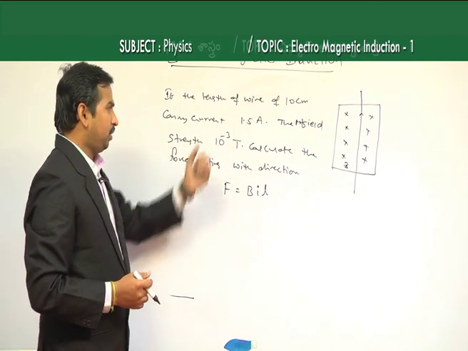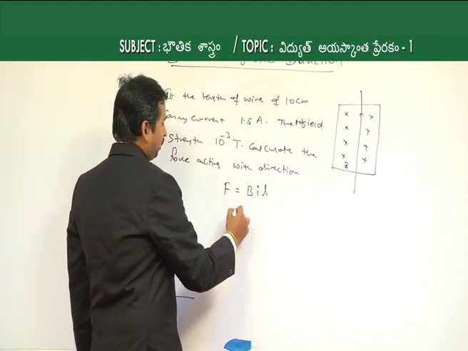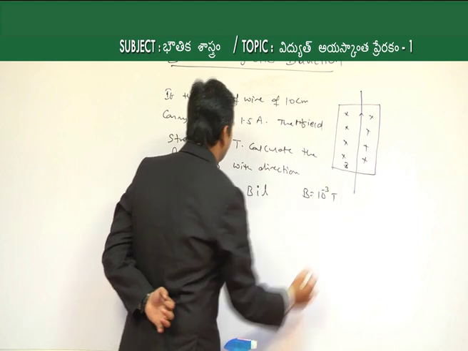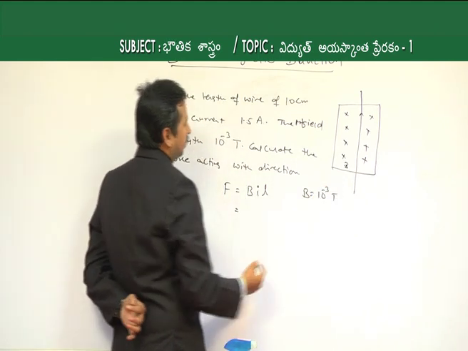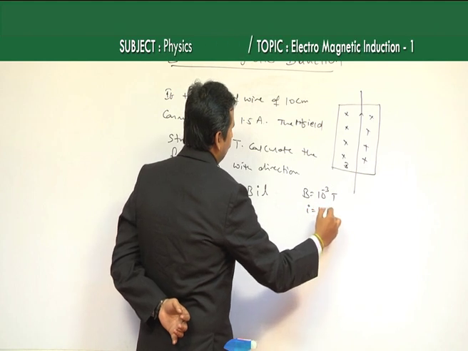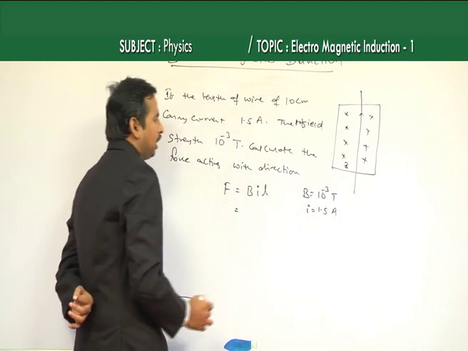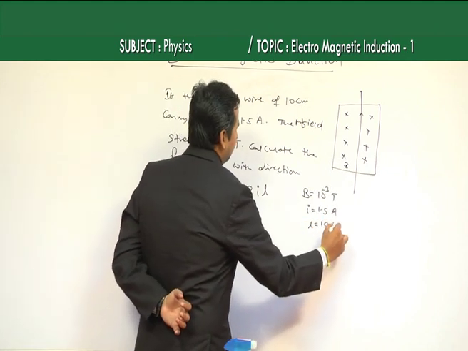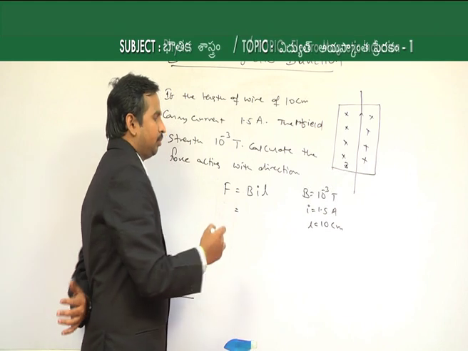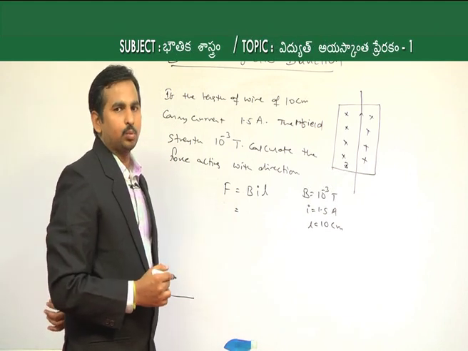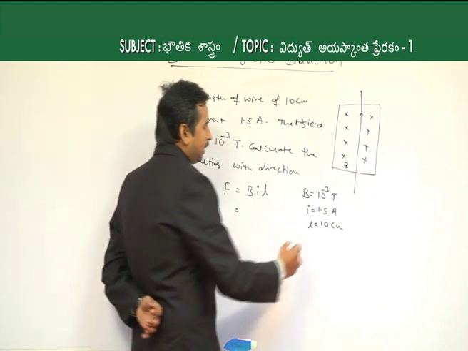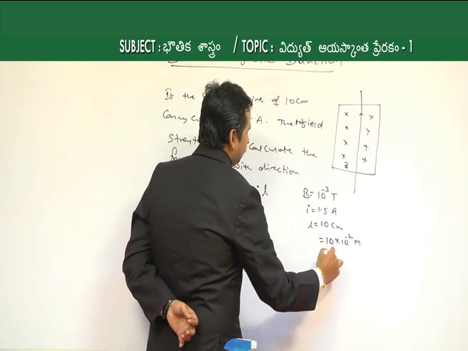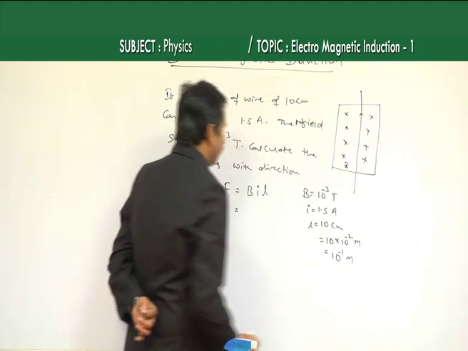And B is already given, B is equal to 10 power minus 3 Tesla, the current is I is equal to 1.5 amperes, and the length is L is equal to 10 centimeters. As these are in SI system, even the length we have to take in terms of SI units, that is, 10 centimeters is 10 power minus 1 meters.